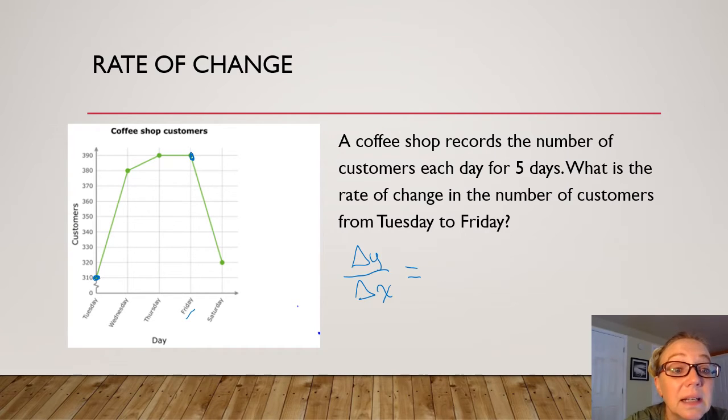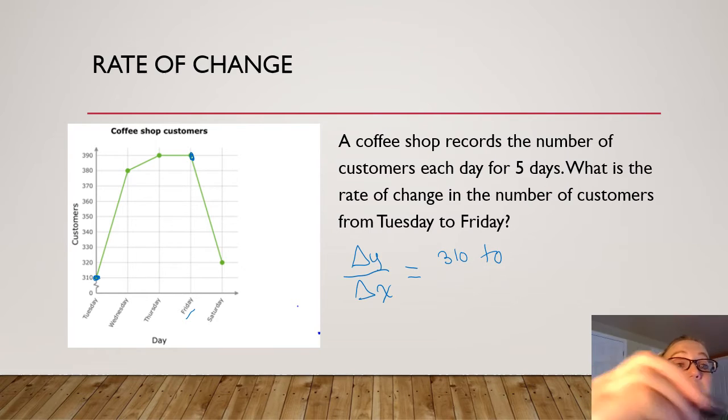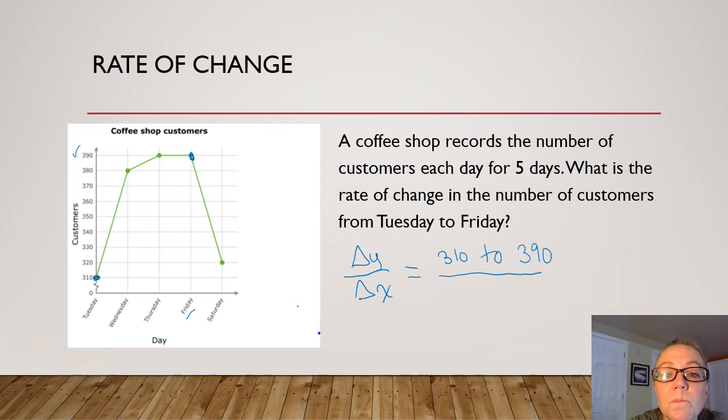On Tuesday, there were 310 customers, and on Friday, there were 390 customers. From Tuesday to Friday is a change of 3 days. Tuesday, 1, 2, 3, there's Friday.